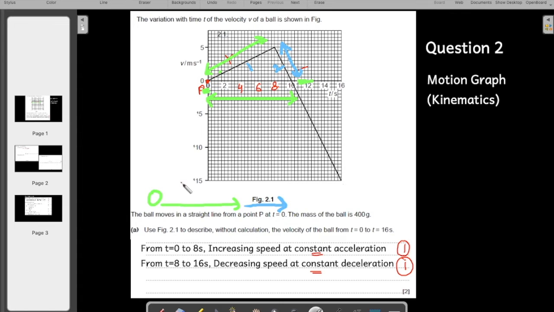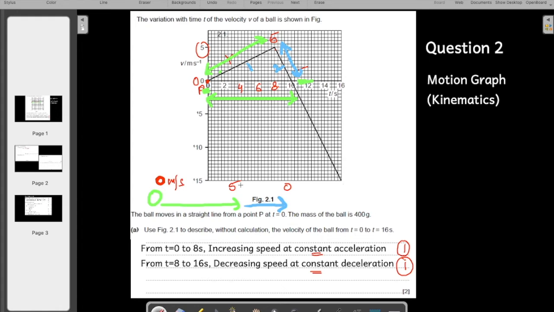Though for the first part it is increasing speed. Increasing means that the speed is going up. Maybe it started from a velocity of 0. This is your ball. It started from a velocity of 0. It went up to a velocity of 5. From a velocity of 0 to the velocity of 5. And from 5 the velocity is coming down to 0 meters per second.